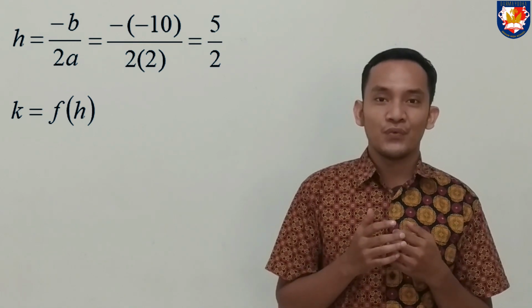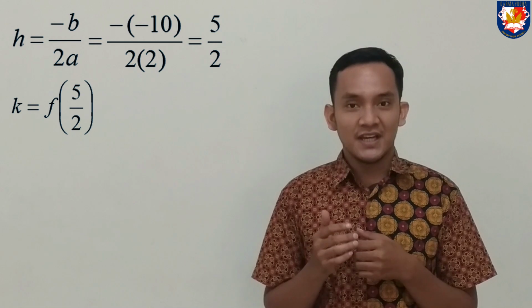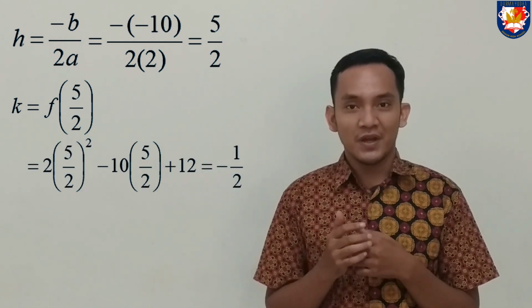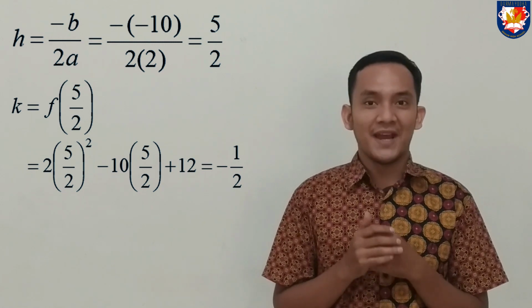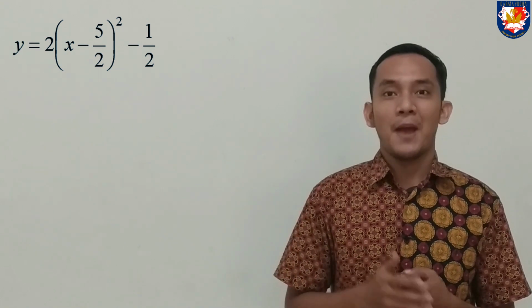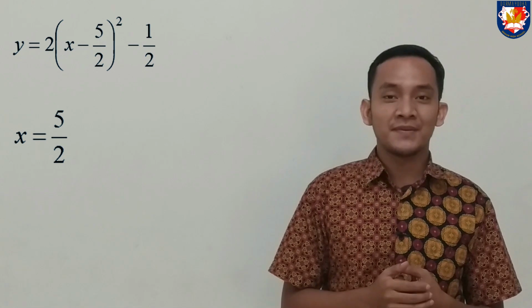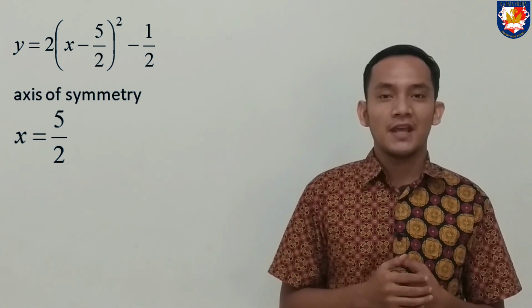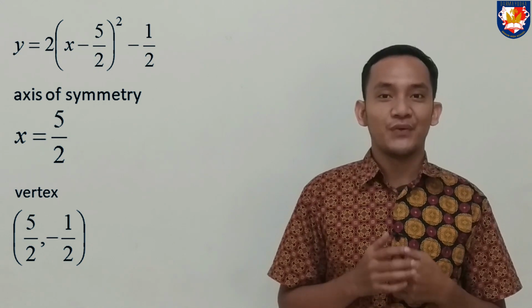Substituting the value of 5 over 2 into the original function will give 2 times (5 over 2) squared minus 10 times 5 over 2 plus 12, or minus half. So the vertex form will be y equals 2 times (x minus 5 over 2) squared minus half. In this case, we have x equals 5 over 2 as the axis of symmetry and (5 over 2, minus 1 over 2) is the vertex itself.